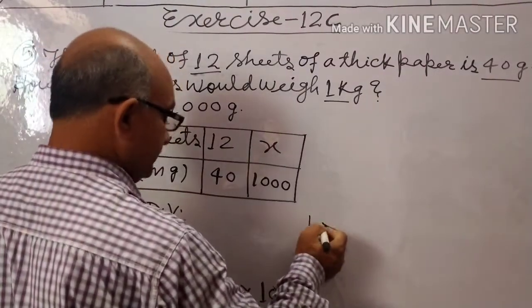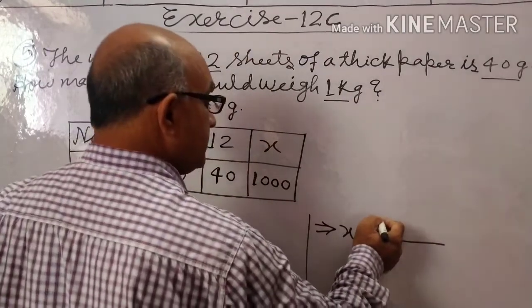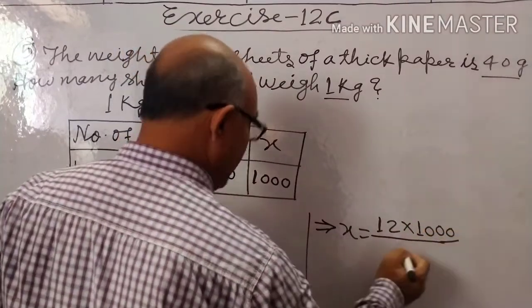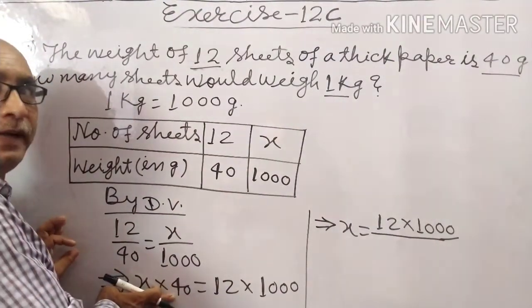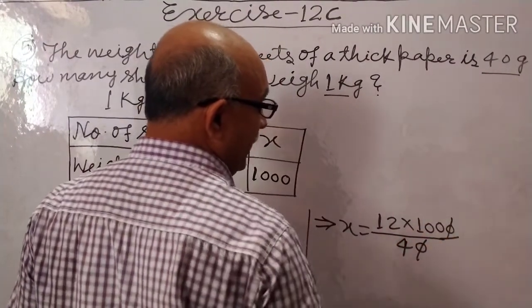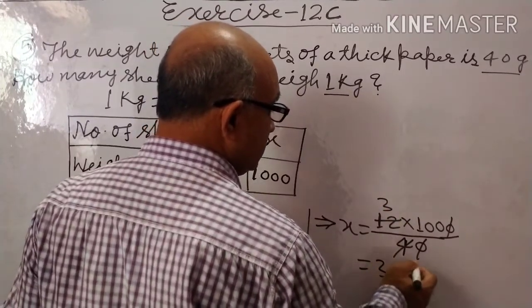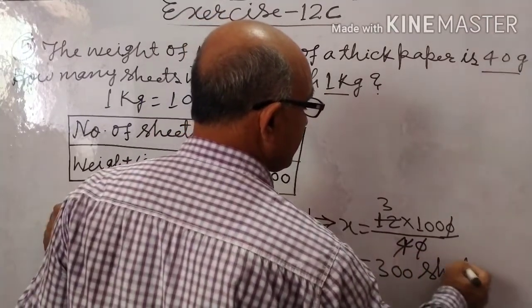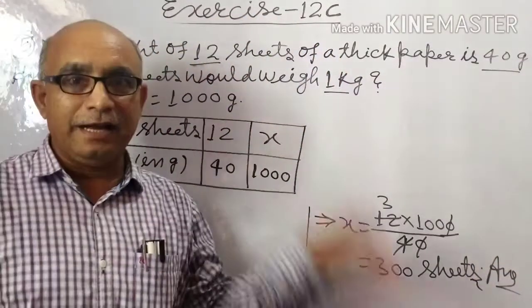That implies x equal to 12 into 1000 by 40. Here 40 is multiplied; by transposition, change into divide. So divided by 40. 0 to 0 cancel. 4 times 3 is 12, so equal to 3 into 100, 300. Answer. Understand and write it.